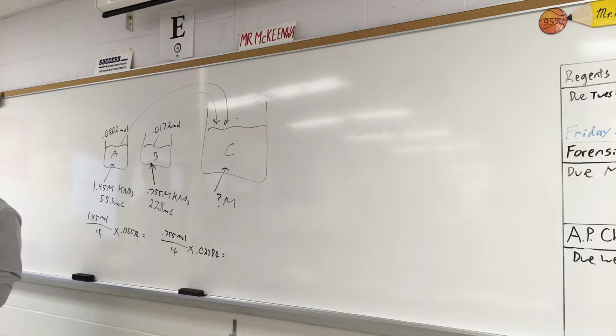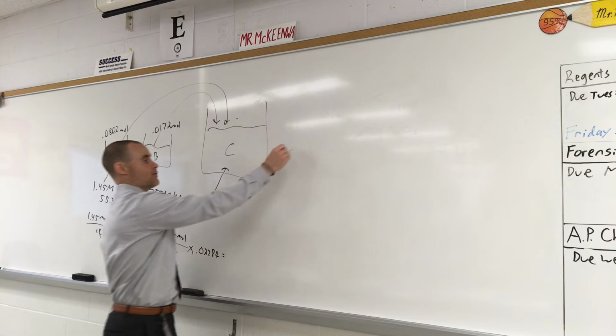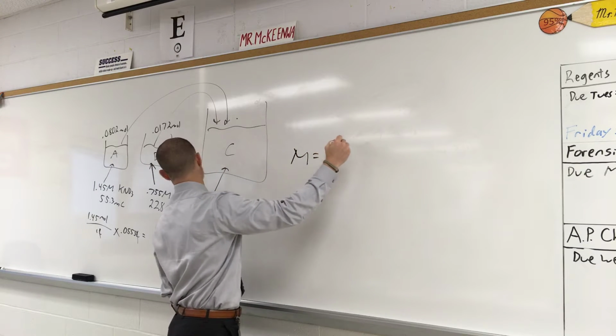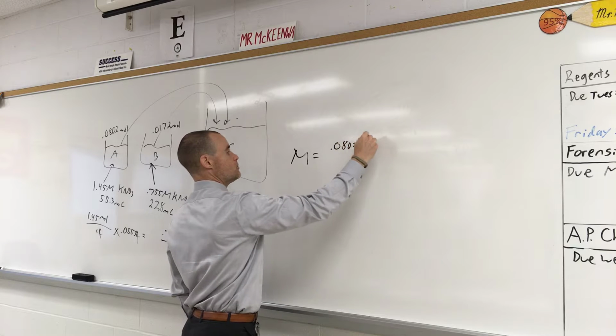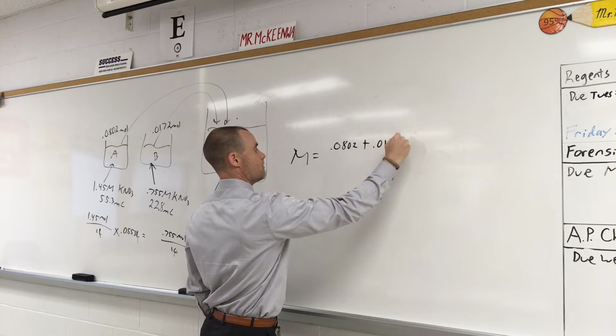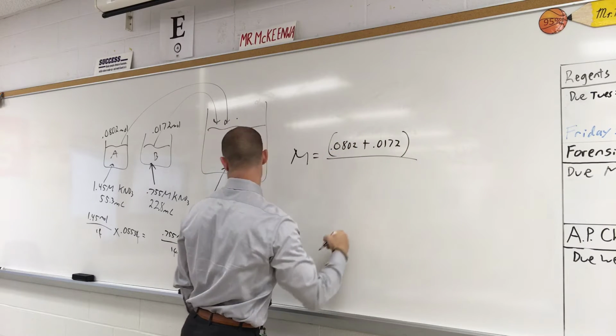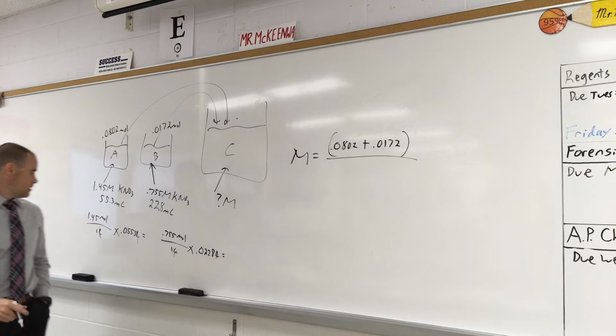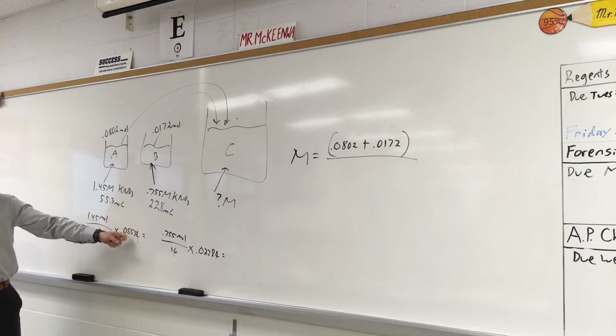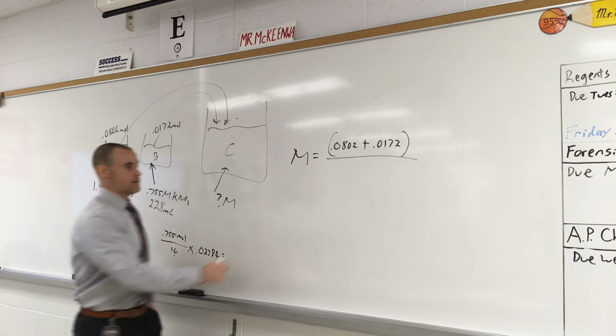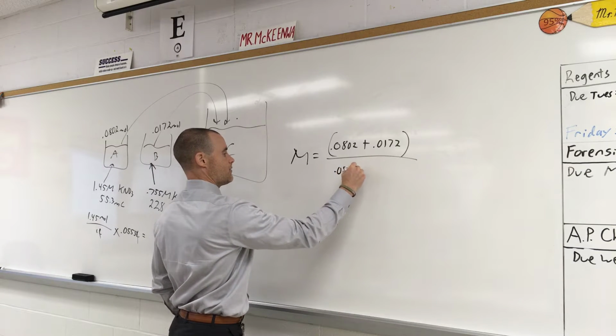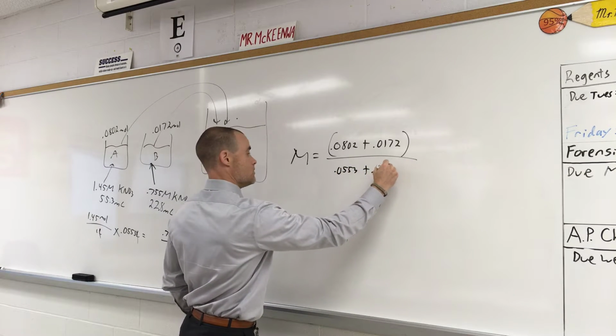You guys good? Okay. So now you just add them together. So for molarity of C, 0.0802 plus 0.0172 divided by the total volume, so 0.0553 plus 0.0228.